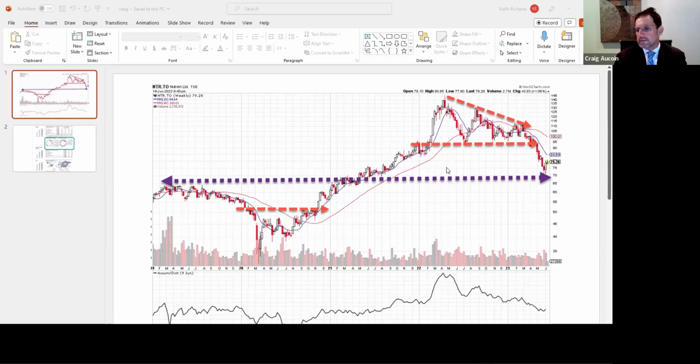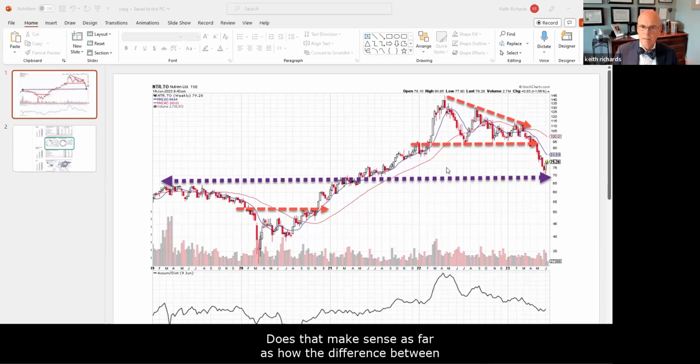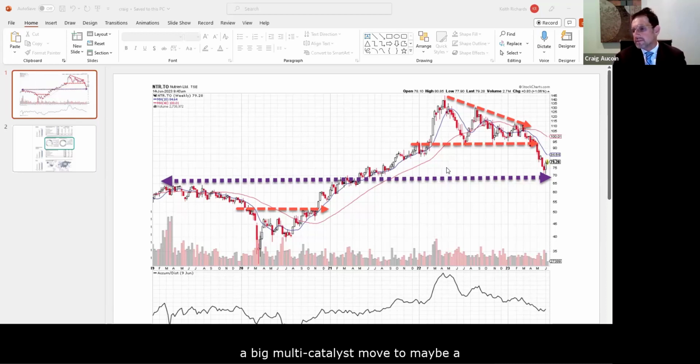Does that make sense as far as the difference between a big multi-catalyst move and a smaller, more concentrated catalyst?